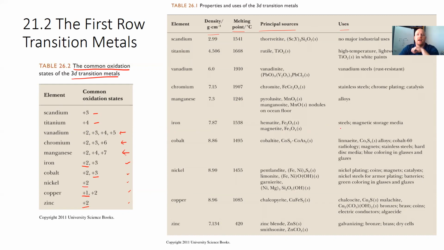Iron is used as iron, or in alloys like steel. Steel is an alloy that incorporates carbon into it. You'll find manganese primarily in a bunch of alloys, chromium in stainless steel. Vanadium, I think I mentioned that one before, is incorporated in stainless steel to help stop it from rusting.